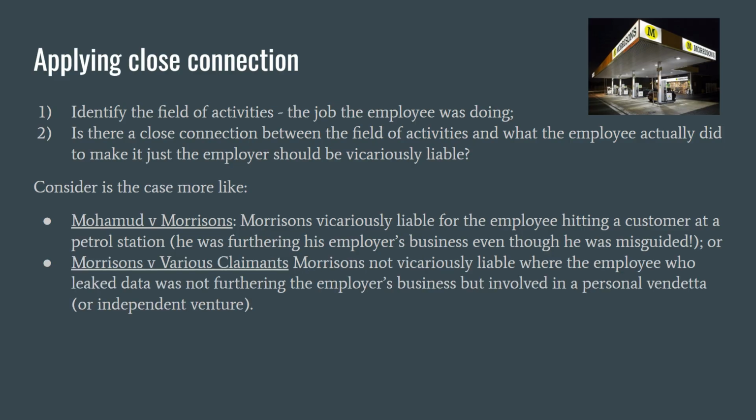Or is it more like Morrison's and Various Claimants, where Morrison's were found not to be vicariously liable, where an employee leaked the personal data of around 100,000 employees and was found to be not furthering the employer's business, but they were engaging in a personal vendetta against Morrison's. And this is sometimes called an independent venture. So those are two very useful cases to think about when you're considering, is there a close connection?